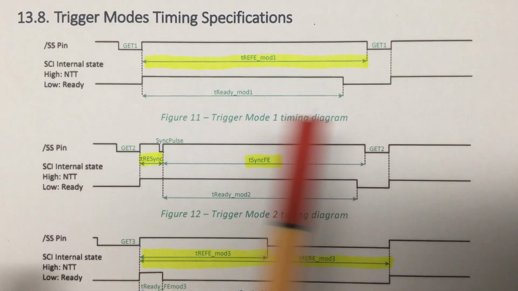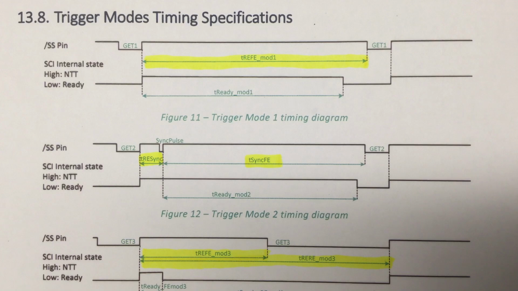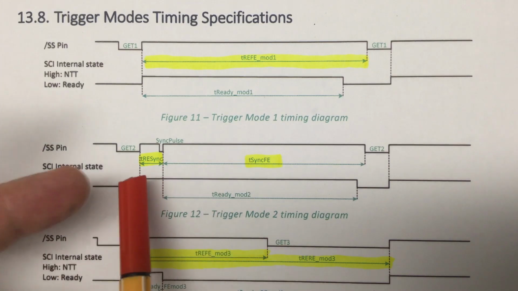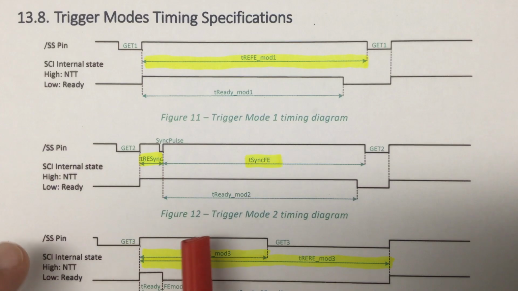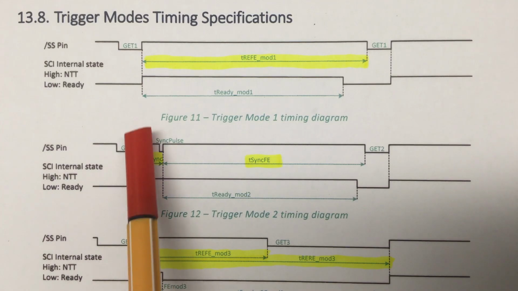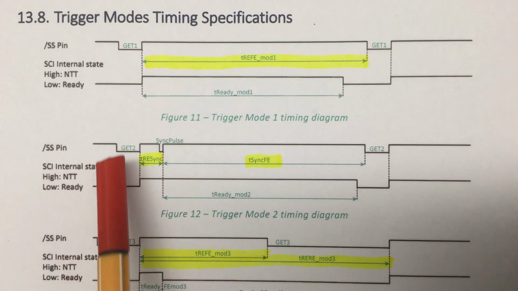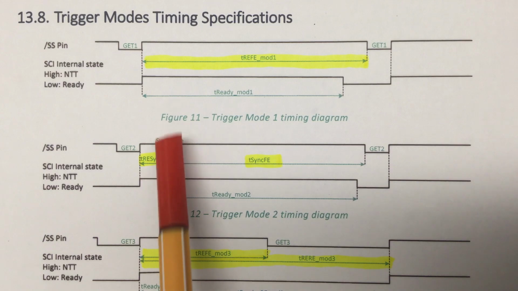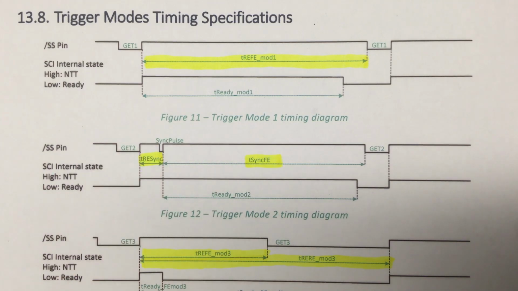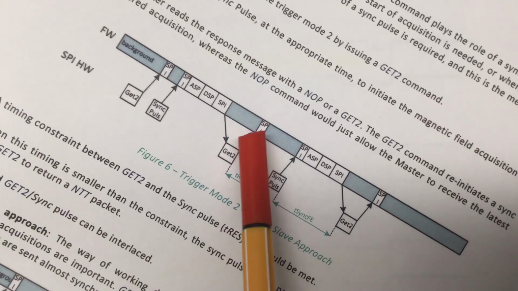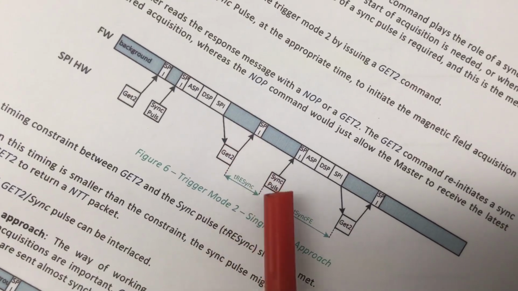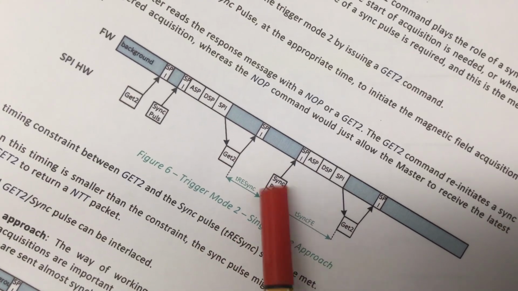Anyway, here's the timing diagram for trigger mode 2, and you see, it's a T rising edge sync, but please note this is from the end of our get SPI transaction to the end of our sync pulse. Yeah, in that graphic, it was from the end of our get2 transaction to the start of the sync pulse.